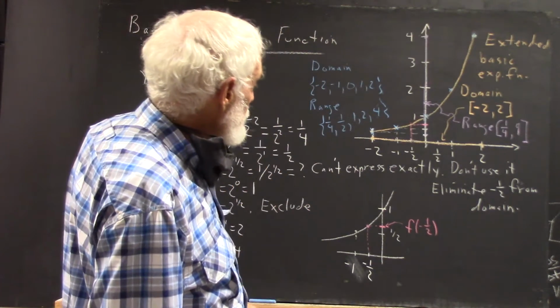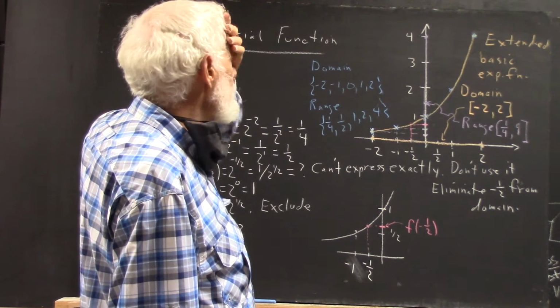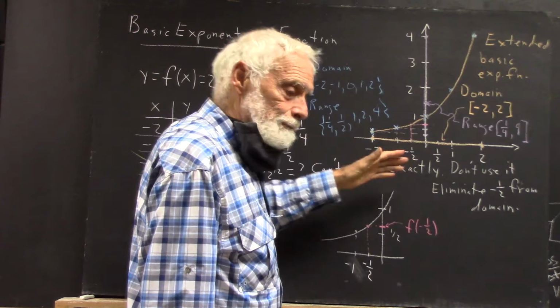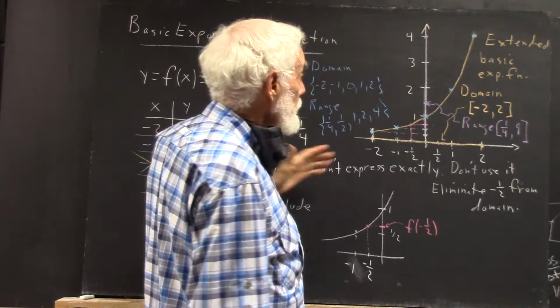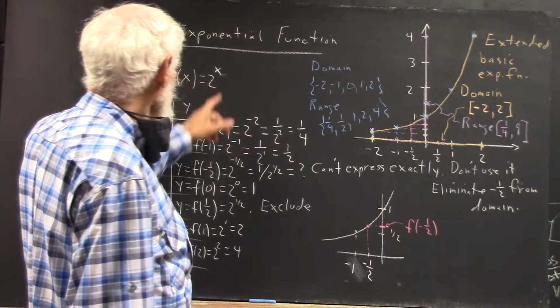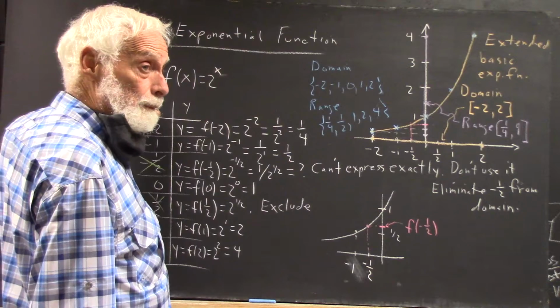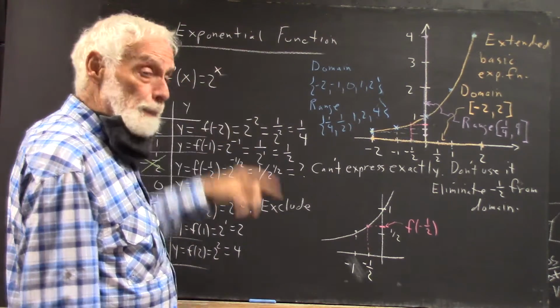Now one thing I'll say here, well, first let me talk about the complete basic exponential function, which of course just goes on forever, this way and this way. That's because no matter what number you want to choose for x, you get a y value. We can raise 2 to any power whatsoever.